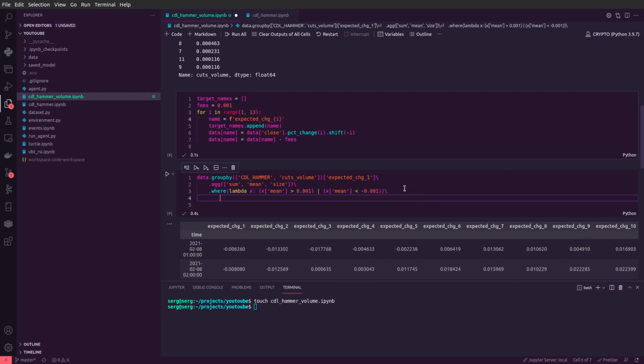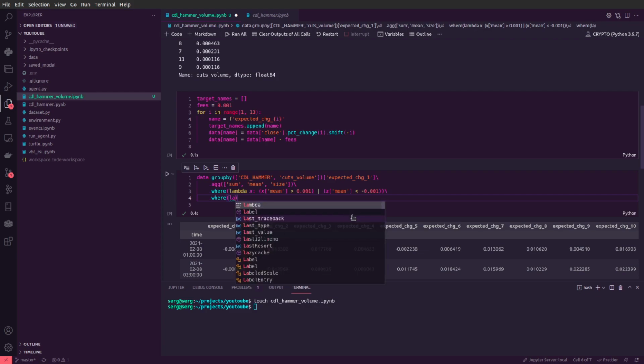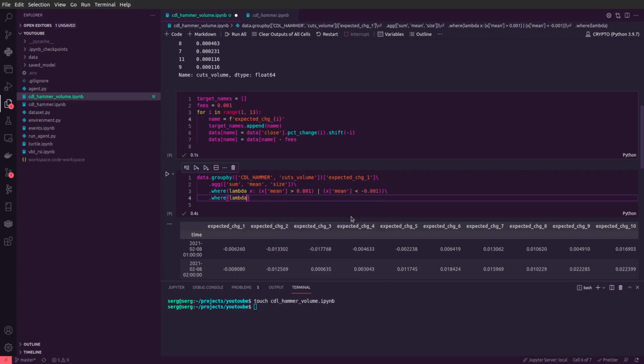Okay, we filter this data, and I would like to filter by size. It's the same, it's easy: where lambda, and call x, and call size, because I created the aggregate function sum, mean, size, and I could call size to be more than 30.